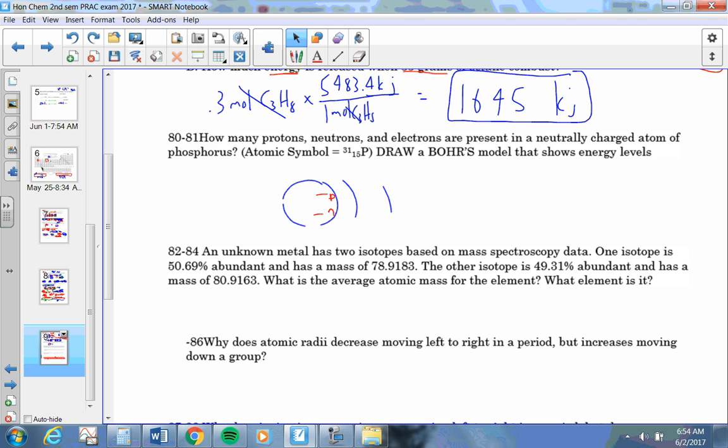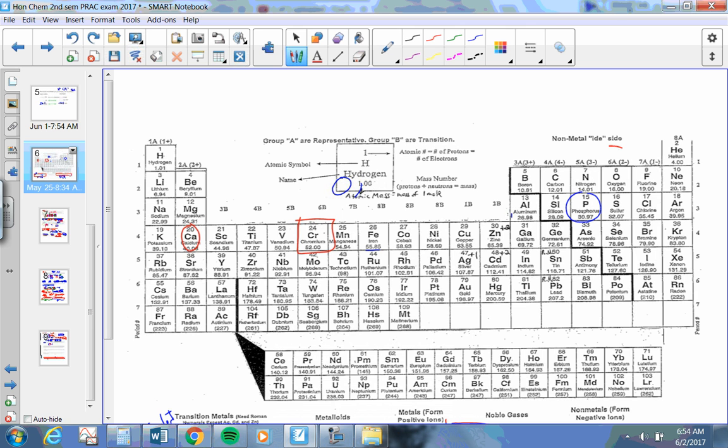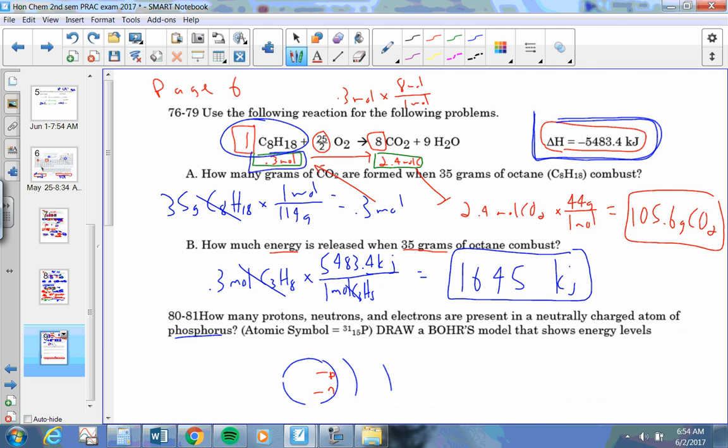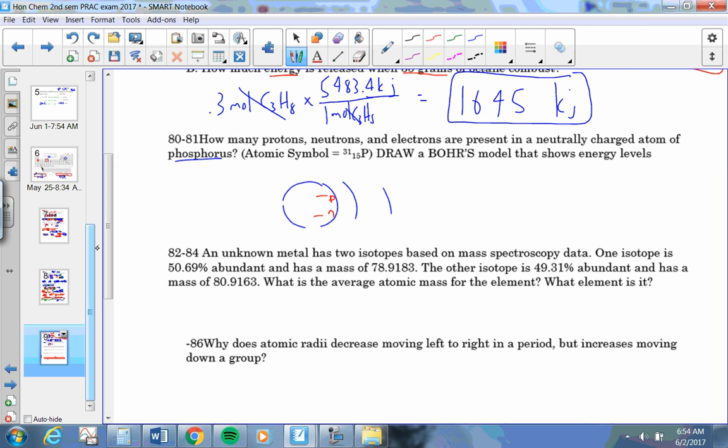What are we dealing with? We are dealing with phosphorus. I could go look at the periodic table for phosphorus and find that it's number 15, but really the way they framed this for me, all I have to do is look at this. Phosphorus 15 with a 31, usually it's written over.